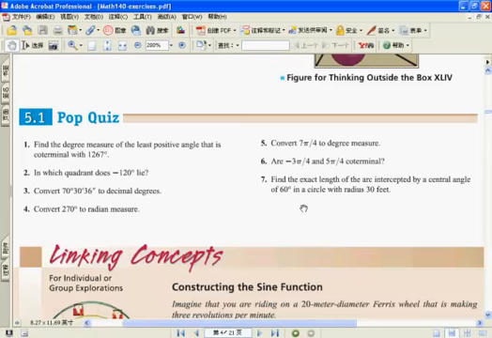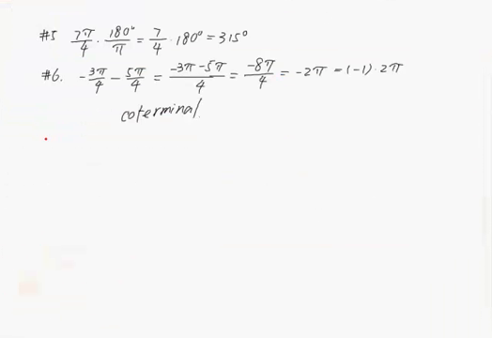Now, number 7, find the exact length of the arc intercepted by a central angle of 60 degrees in a circle with a radius of 30 feet. So number 7, the degree measure of the central angle alpha is equal to 60 degrees.